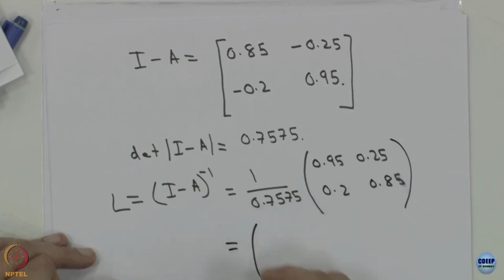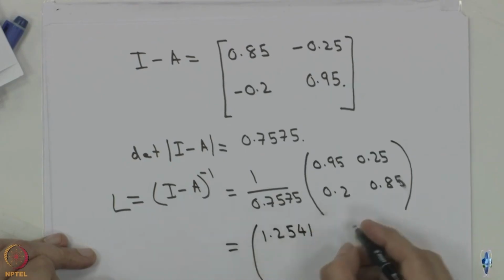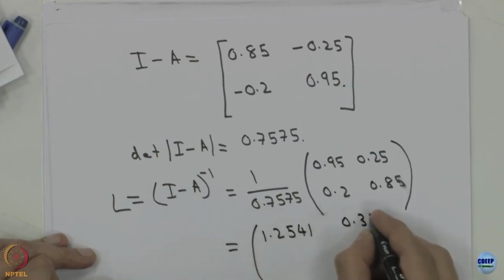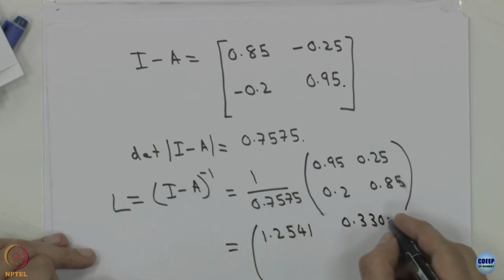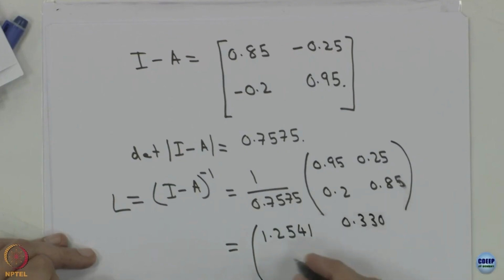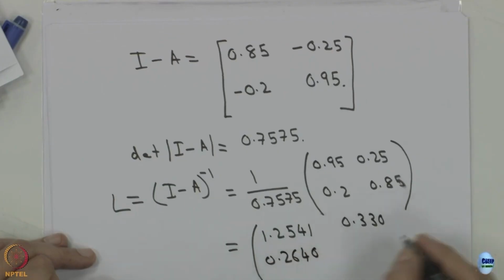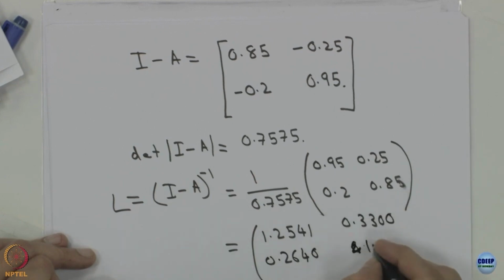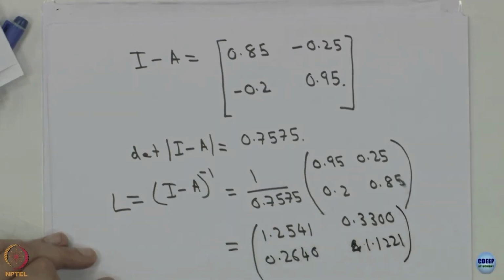You will see that this comes out to be 1.2541, 0.3300 and 0.2640.